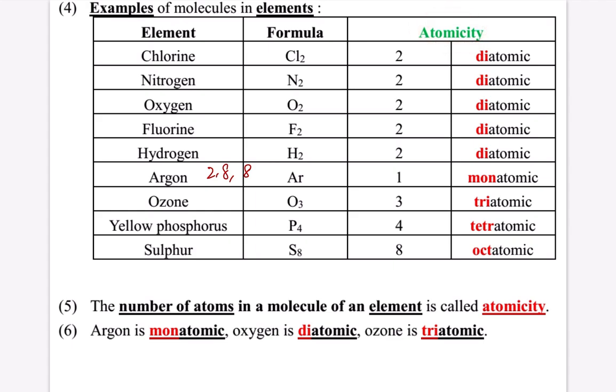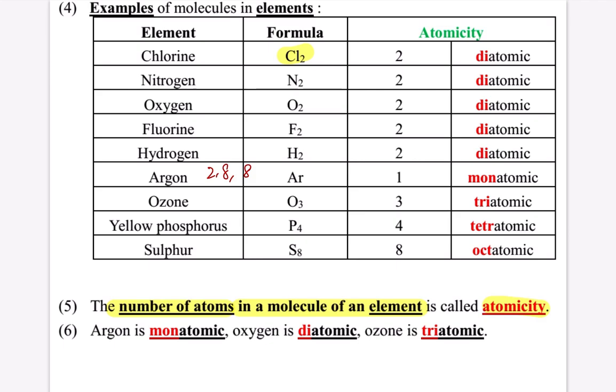The number of atoms in a molecule of an element is called atomicity. 即係話佢喺 element 嘅情況嘅 molecule 有幾多粒 atom，就係 atomicity 啦。For chlorine 嘅話，就兩粒 atom 喺呢度，所以 atomicity 就係 2。And we describe chlorine as diatomic. Because the atomicity of it is 2, we say chlorine is diatomic.